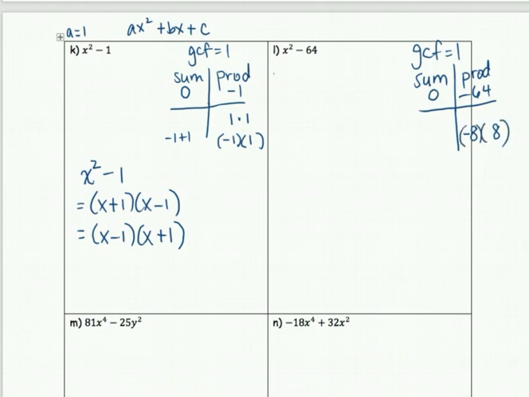We'll use the decomposition method here. I know we don't have a b term, but we are going to just write both the terms that we found in our product sum table.